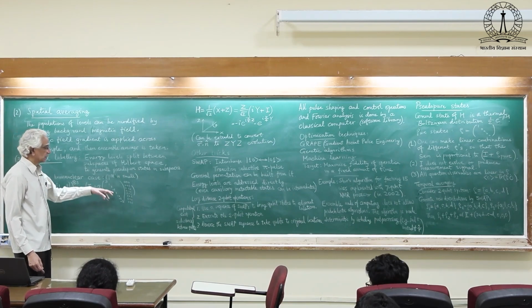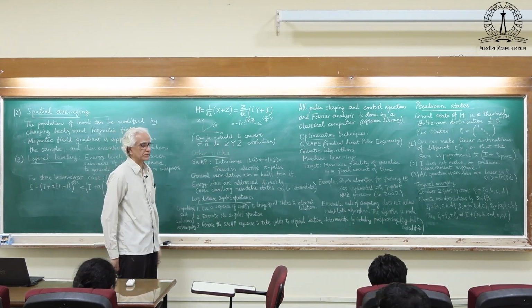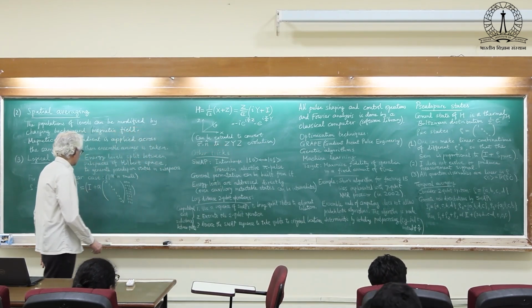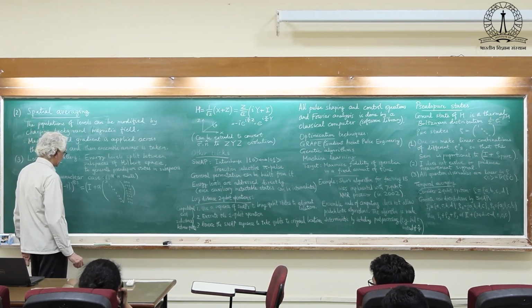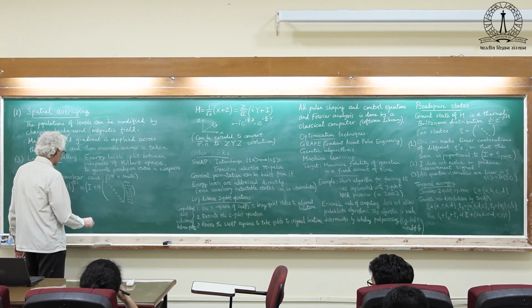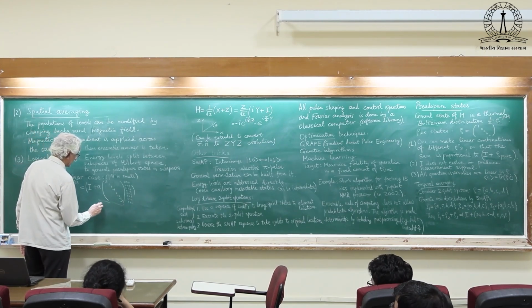So this does not look anything like that pseudopure state 1 and 0. Okay. But now I can split these labels in a clever manner.